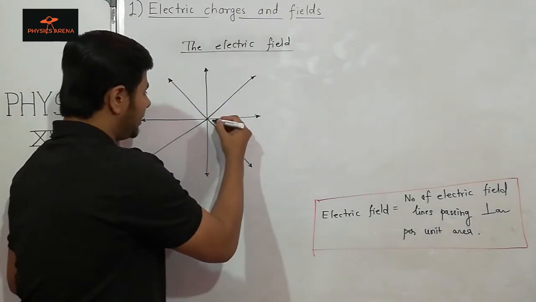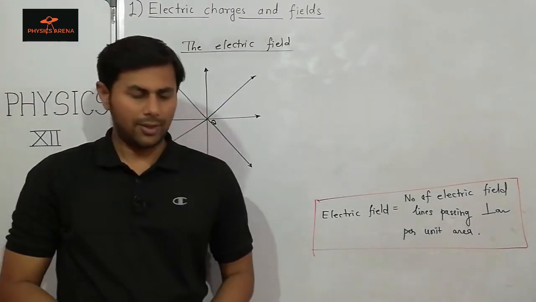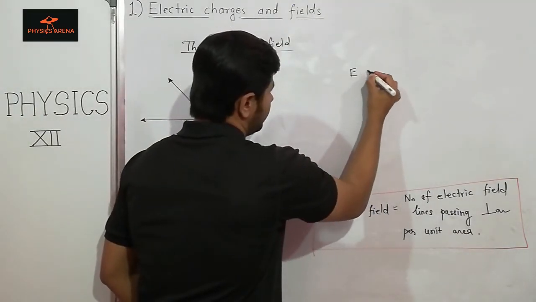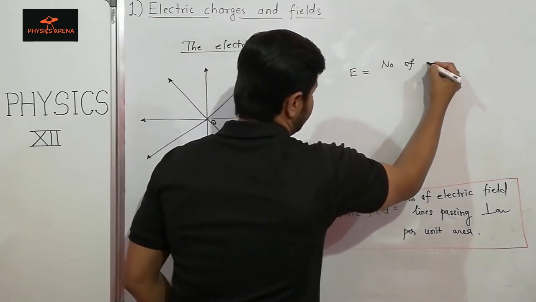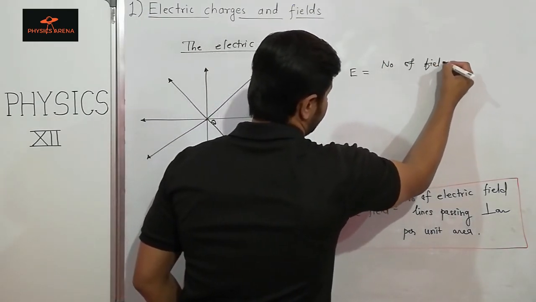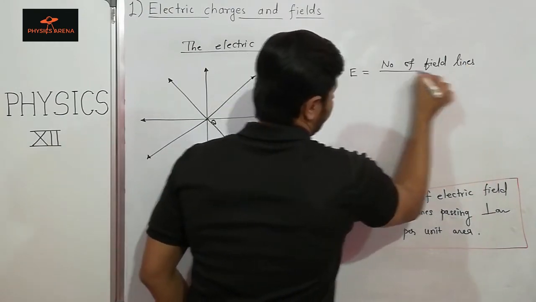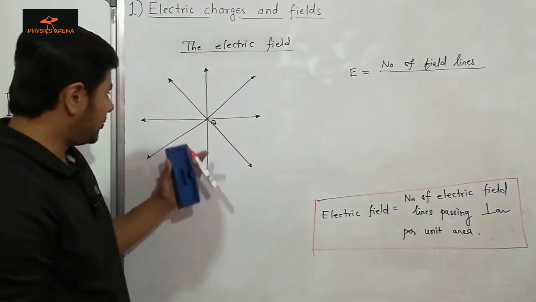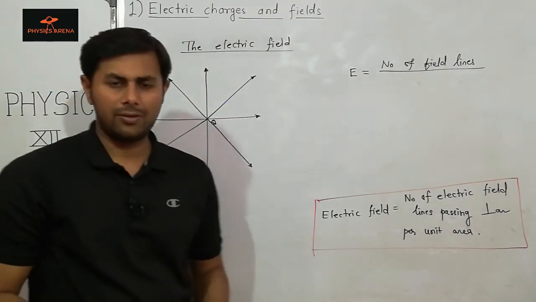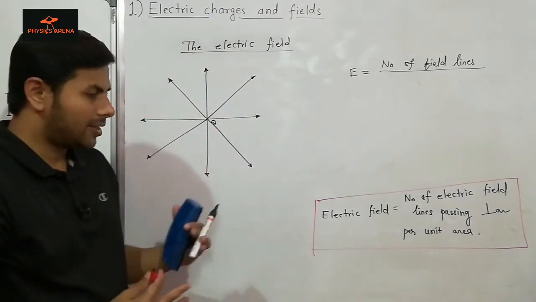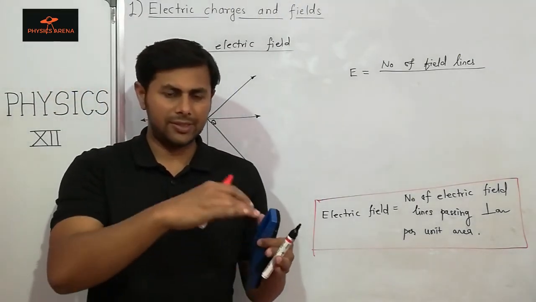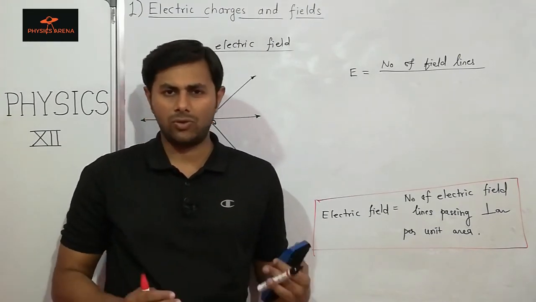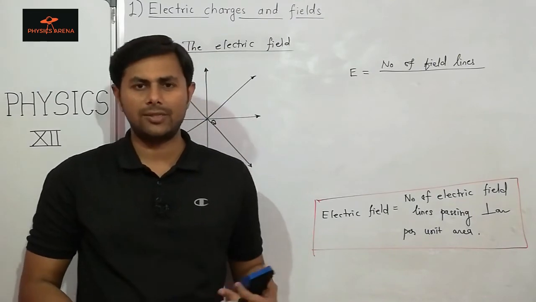So this is charge Q. Now we are defining electric field E equals to number of field lines passing per unit perpendicular area. Now suppose we go distance r away from the charge and collect all the points distance r away from the charge, then join all those points, then the locus of all such points will give us a sphere.